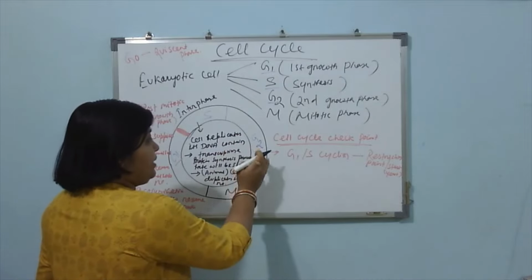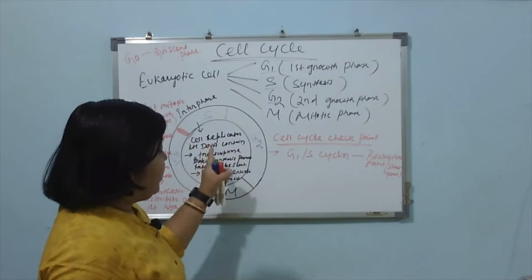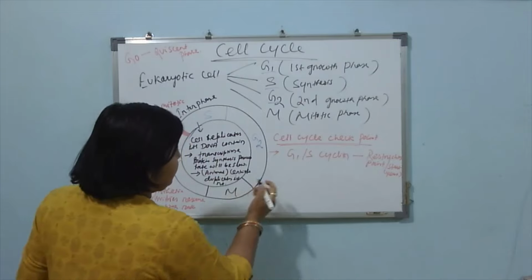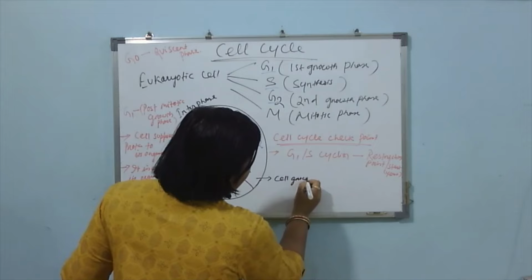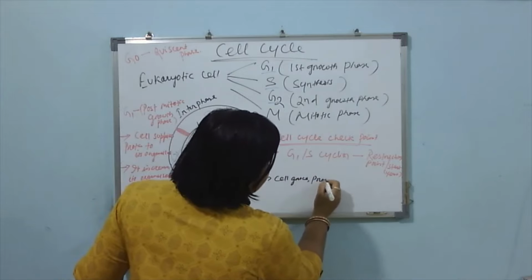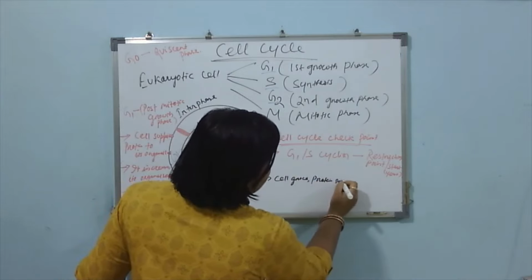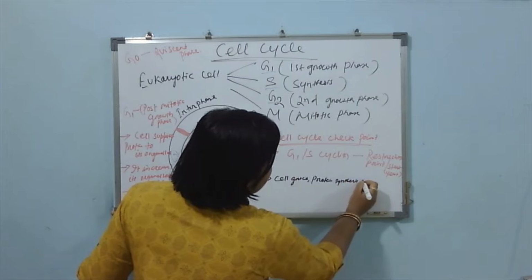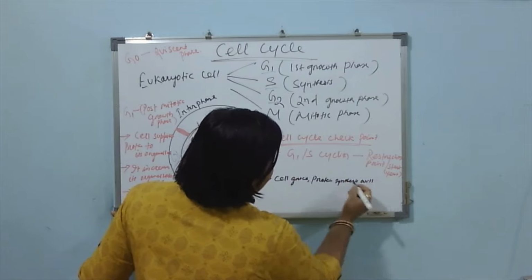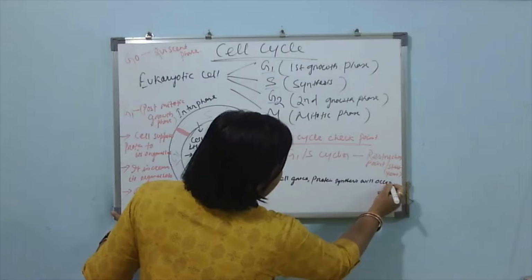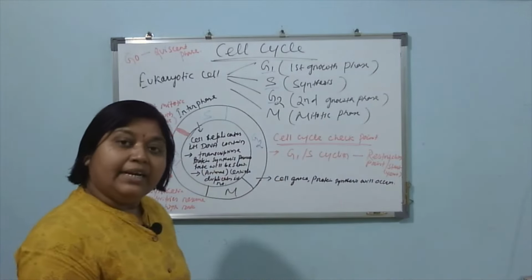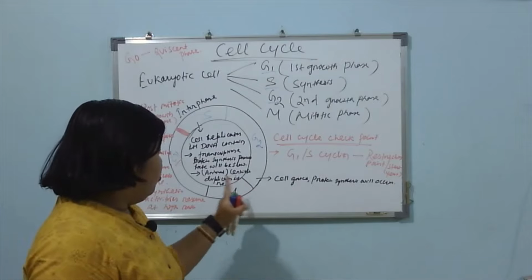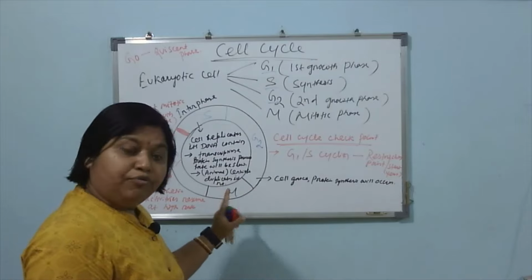This G2 phase starts when DNA replication stops. During this phase, the cell grows and protein synthesis occurs to make the cell ready to enter the mitotic phase.